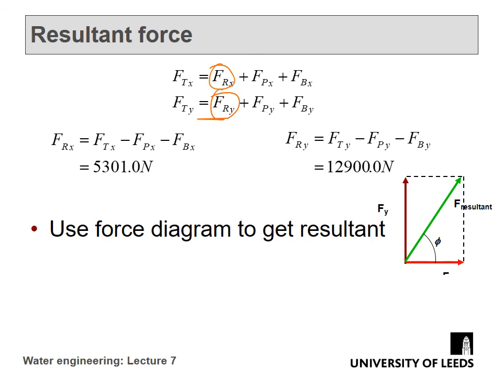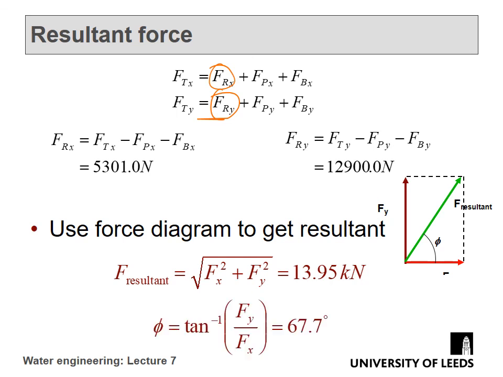Use a force diagram. They're both positive, so the force diagram will look like this. The resultant comes out to be 13,950 newtons or 13.95 kilonewtons, and the angle there is 67.7 degrees. Okay, that's pretty much calculated.